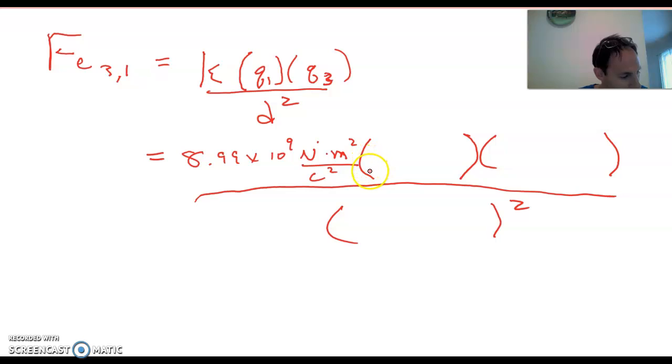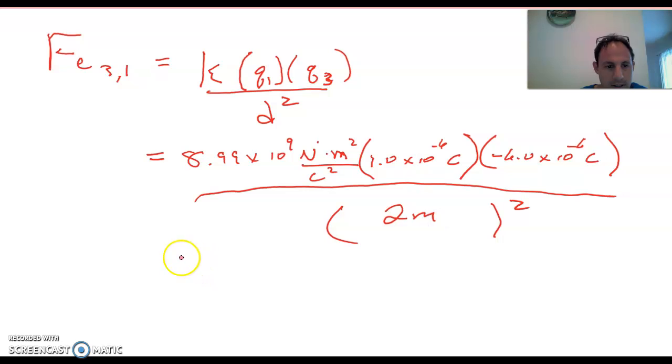All right, so we have Q1 is 1.0 times 10 to the minus 6 coulombs, and charge 3 is negative 6.0 times 10 to the minus 6 coulombs, and the distance between them is going to be 2 meters. Okay, so we'll pull up our calculator and we'll see what we get.